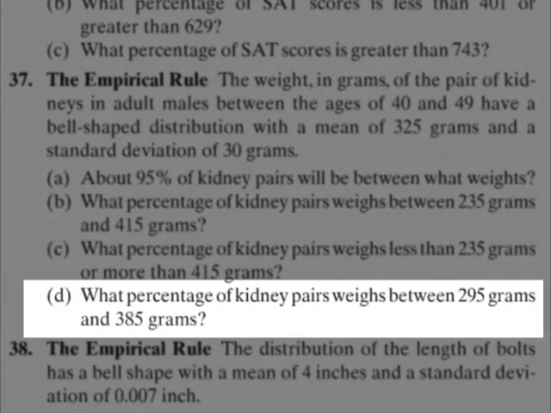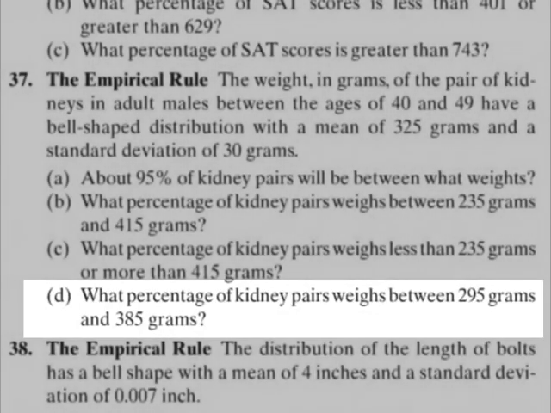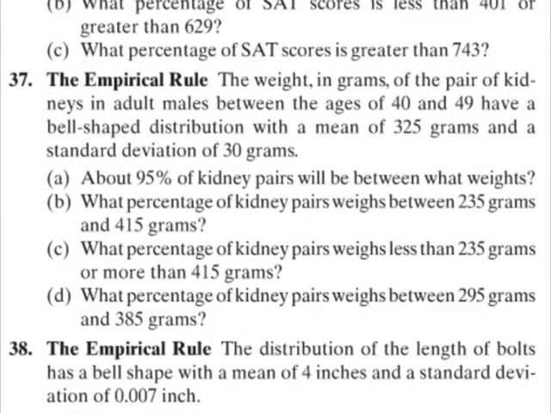What percentage is between 295 and 385? So take the mean, 325, and start subtracting 30. How many 30s do you subtract to get to 295? Just 1?